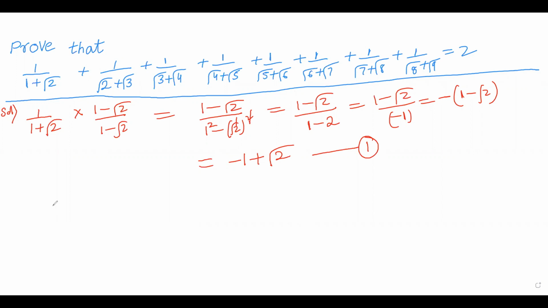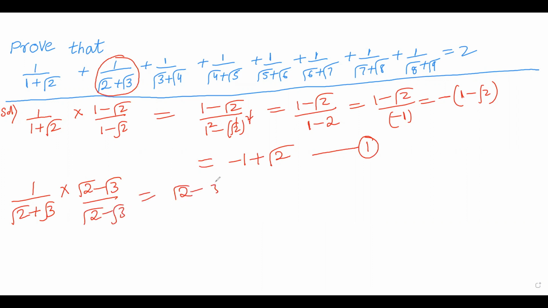Similarly, take the second term. What is the second term? This is our second term. Let us rationalize. Root 2 minus root 3 by root 2 minus root 3, by a plus b into a minus b, a square minus b square.